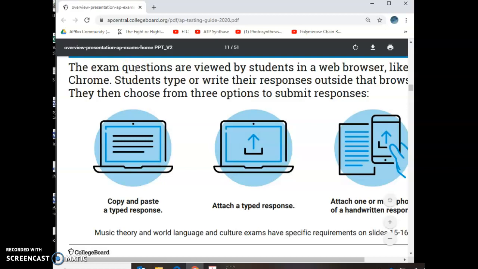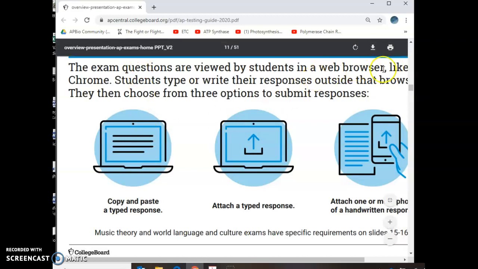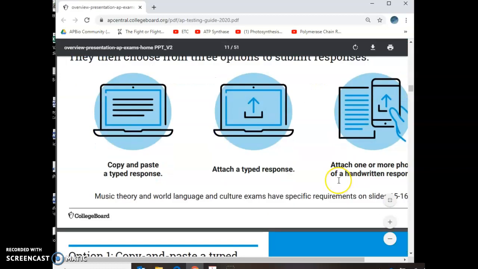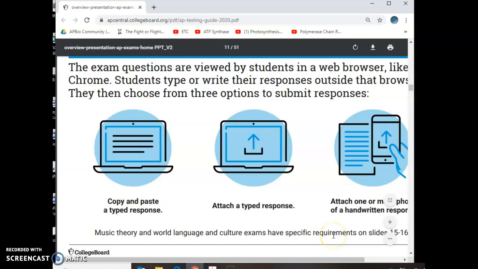They suggest having this already set up before test day and making sure that the web browser that you're using is not Internet Explorer. We cannot use Internet Explorer for this. We have to use Google Chrome or Firefox or anything that's not Internet Explorer. So you're going to have your 2 web browsers open.